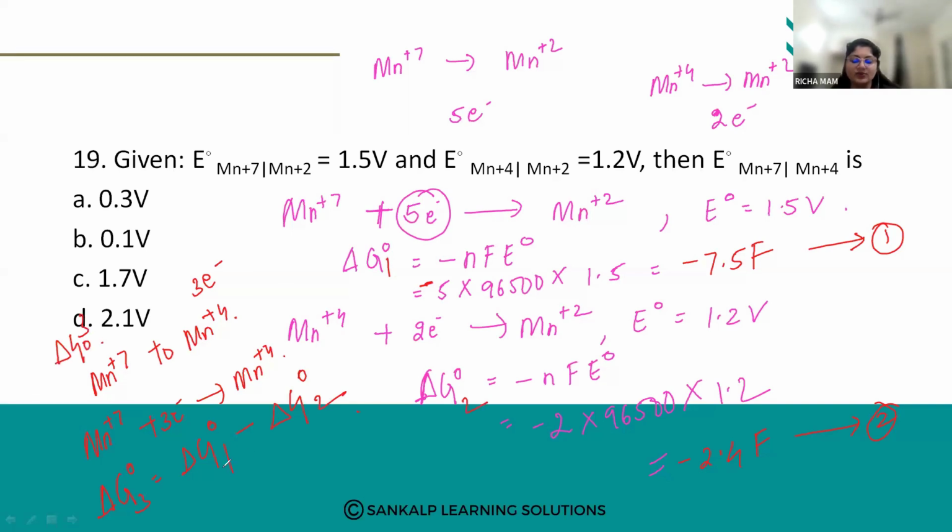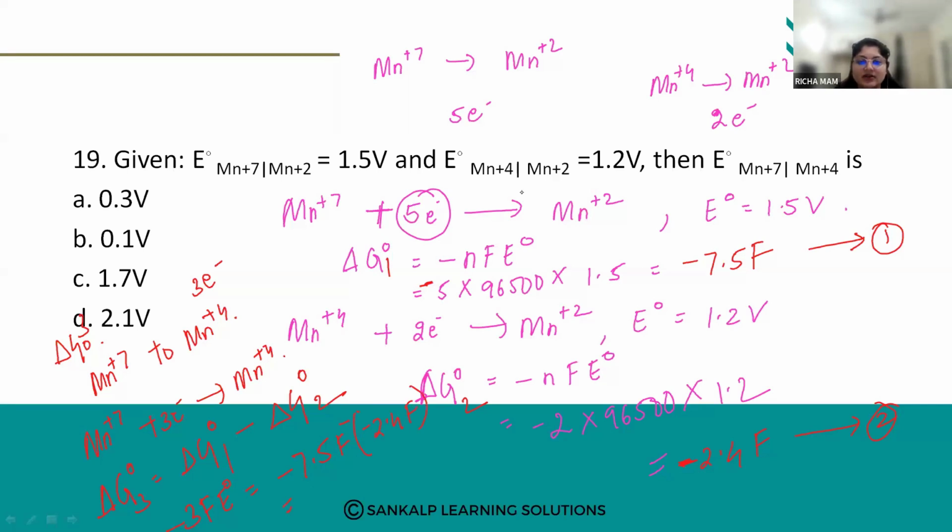Now calculate. Delta G3 has how many electrons? It will be minus 3F of E naught. So 3 electrons is equal to minus 7.5F minus of minus 2.4F. Do this and see what you are getting.